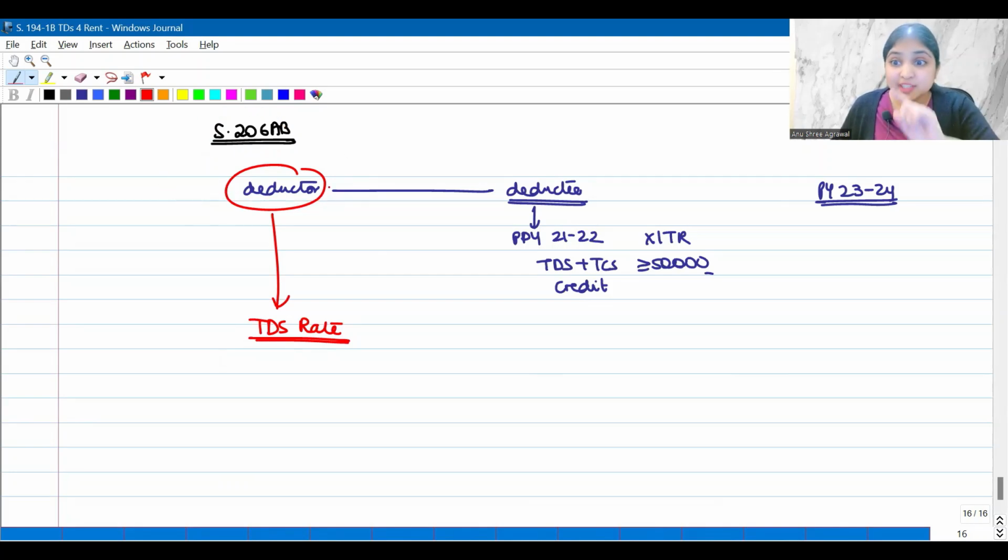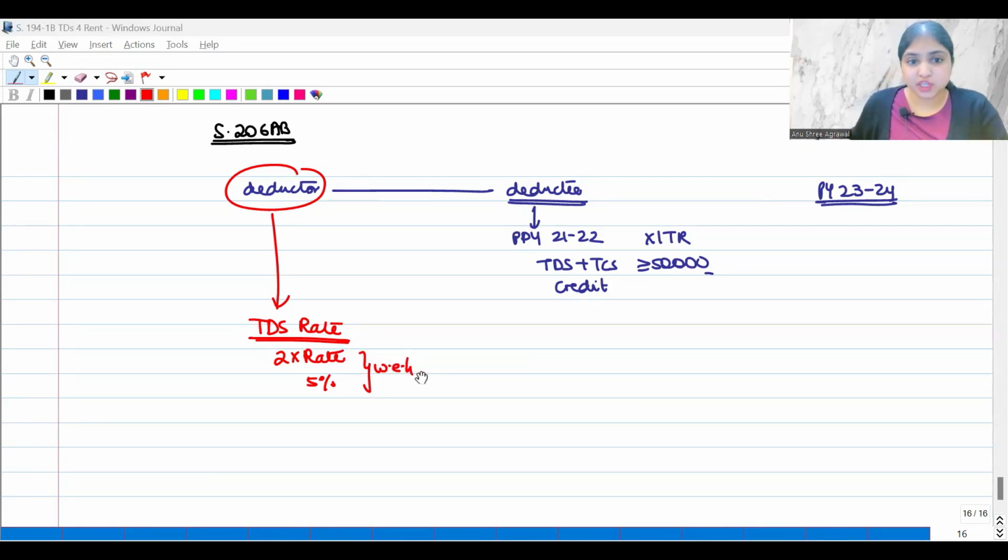The deductor, please check, has your deductee 2 years back filed ITR? If he has not filed ITR, check whether in that year the TDS TCS credit is at least 50,000. If yes, the TDS rate will change. The TDS rate will become 2 times the applicable rate or 5%, whichever is higher.